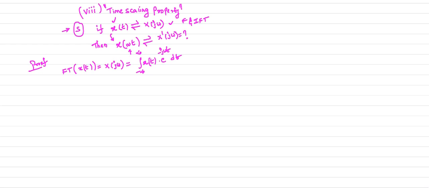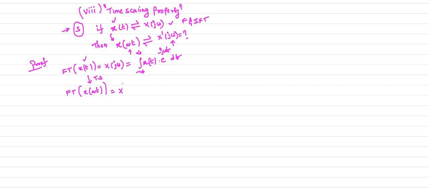Now I want the Fourier transform of x of at. For that, I am assuming this is x dash of j omega. Now the Fourier transform of your x of at, which is the time scaling operation: if we perform the time scaling operation on our input signal, we will get x of at.